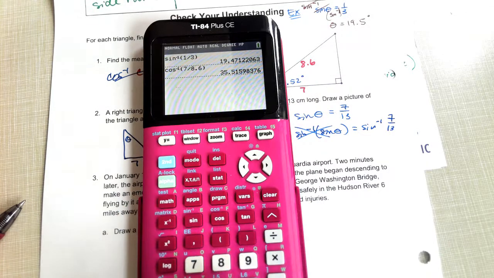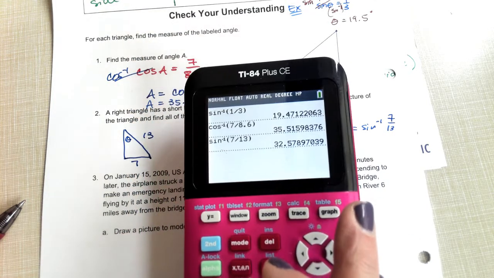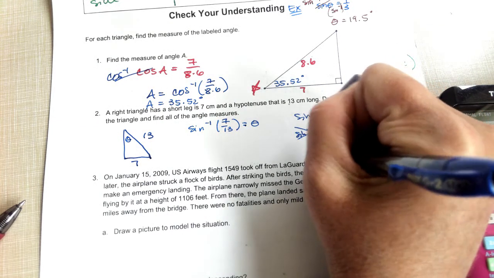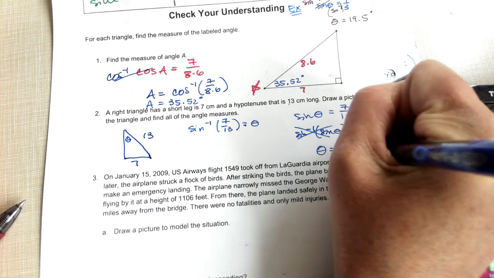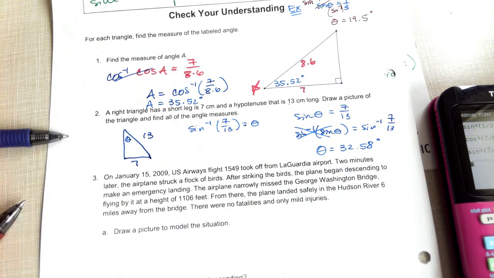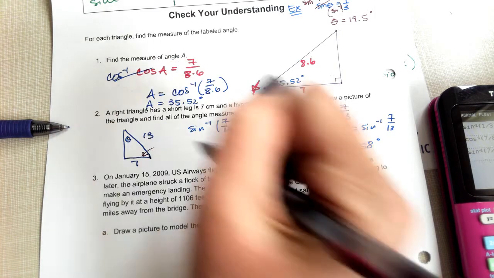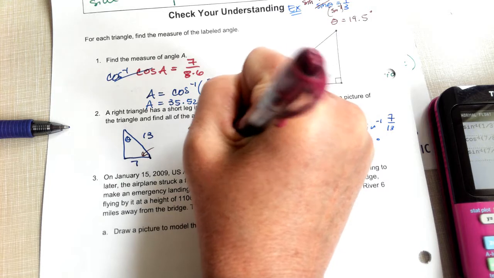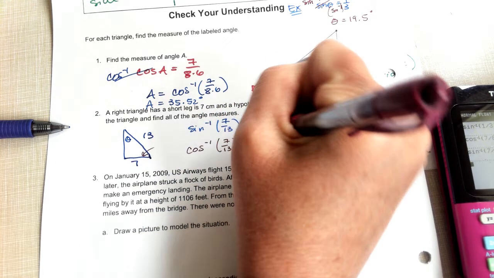So second sine of 7 over 13 is 32.58. Now I want you to understand that even if you found this angle, you could do the cosine inverse of 7 over 13 is equal to alpha.